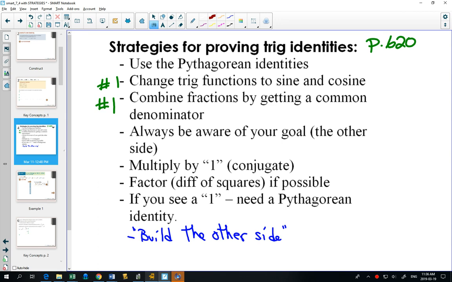That's our number 1 strategy: get a single fraction, combine to sine and cos. I'm going to put a red dot beside those 2 because they're basically the same strategy, just written in different ways.